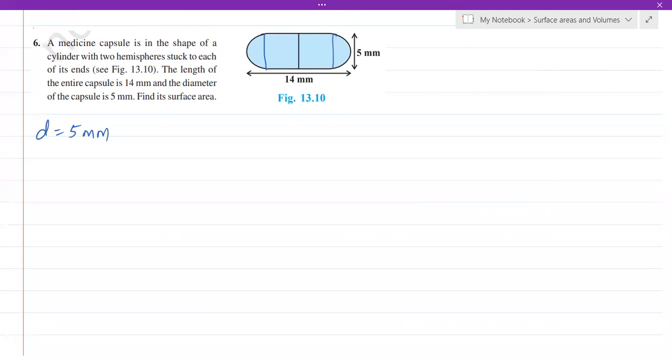Okay, so what are the surfaces that are visible to us? The CSA of hemisphere, CSA of hemisphere, and CSA of cylinder. Therefore, the required area is equal to 2 times CSA of hemisphere, because there are two hemispheres, and CSA of cylinder.